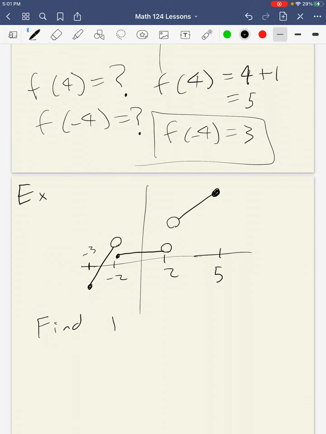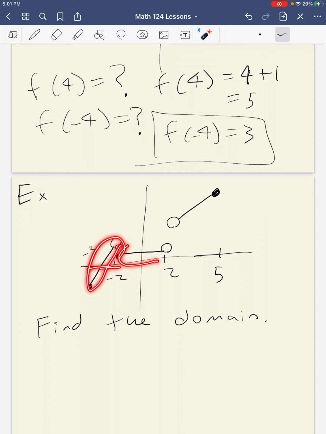Let us find the domain of this piecewise function. So recall from our earlier lessons, the domain is the x values for which there is a corresponding y value. So here we just look at the x values for which there is a corresponding y value.